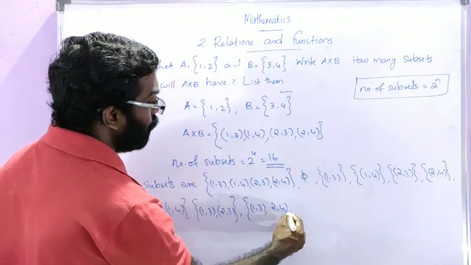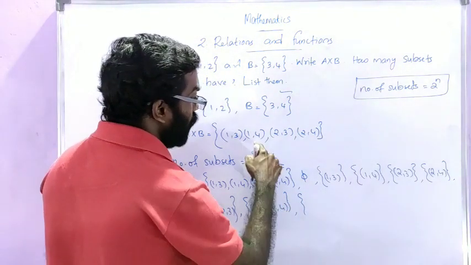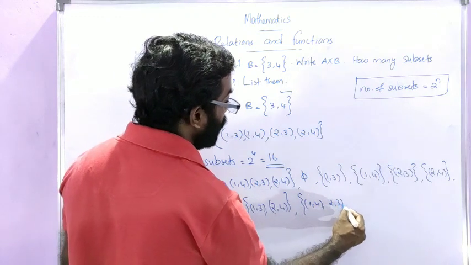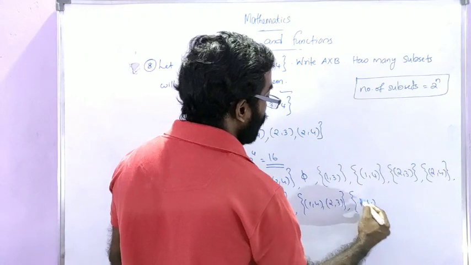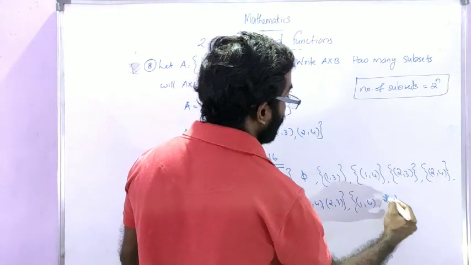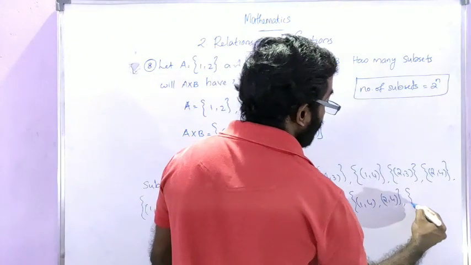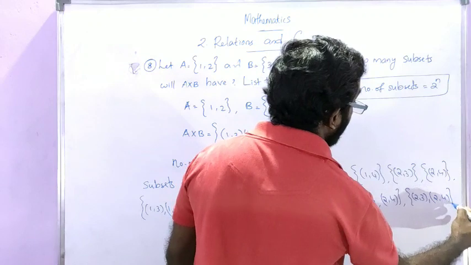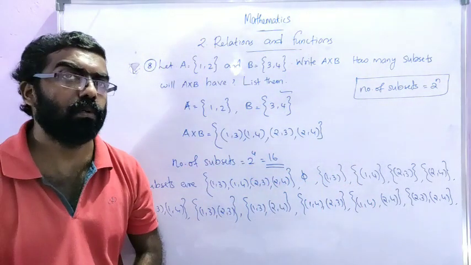Then {(1,4), (2,3)}, then {(1,4), (2,4)}. Then {(2,3), (2,4)}. Okay, so the subsets which consist of 2 elements are over.